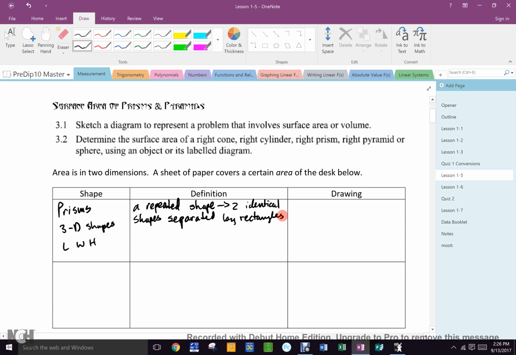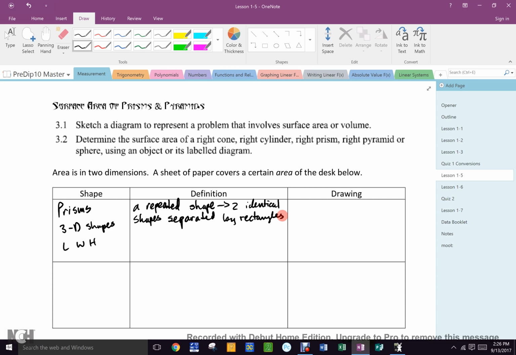Yes? Because if I take this one piece of paper and I stack it up, I get a rectangle, an identical rectangle, and I get 1, 2, 3, 4 rectangles separating them. Yes? Excellent. That is the most basic kind of prism, a rectangular prism.